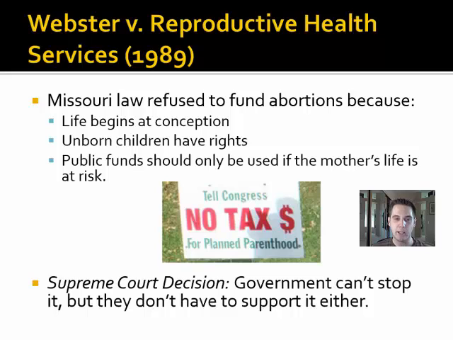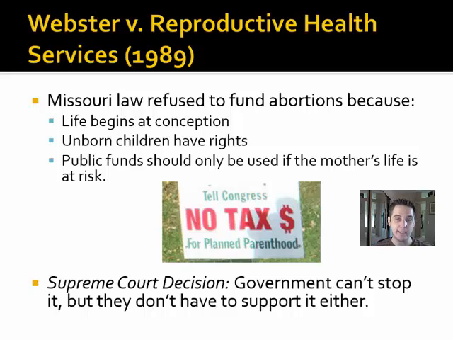So there was a Missouri law that refused to fund abortions because of 3 reasons. One, they believed that life begins at conception, as soon as that baby is made, that instant. They believed that unborn children have rights, and that public funds, tax dollars, should only be used if the mother's life is at risk. And the Supreme Court decision said that's fine.